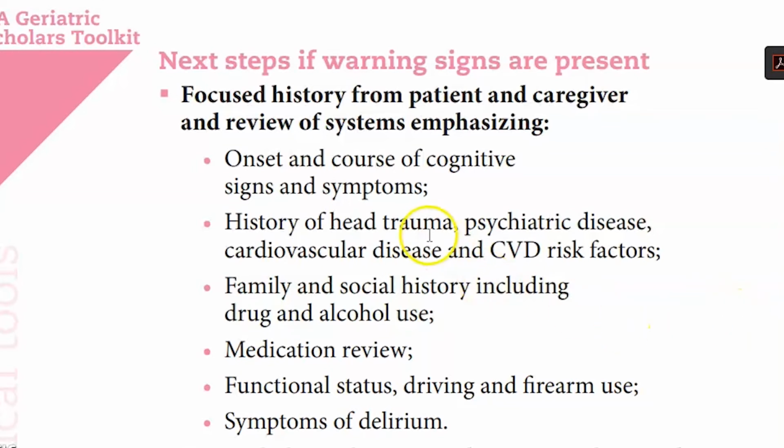So head trauma, underlying psychiatric diseases, established vascular diseases, and vascular risk factors can all give us important hints as to what the etiology might be for a particular memory complaint or cognitive change.